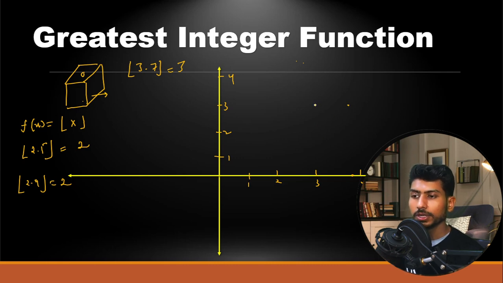At 3 it will be 3, 3.1 it will be 3, 3.3 will be 3, 3.4 will be 3, but you cannot take 4 here. So it will become a hollow circle. So for any value between 3 and 4, the answer will always be 3. So you will make this function like this. Between 4 and 5 the value will be 4, between 2 and 3 it will be 2, between 1 and 2 it will be like this.